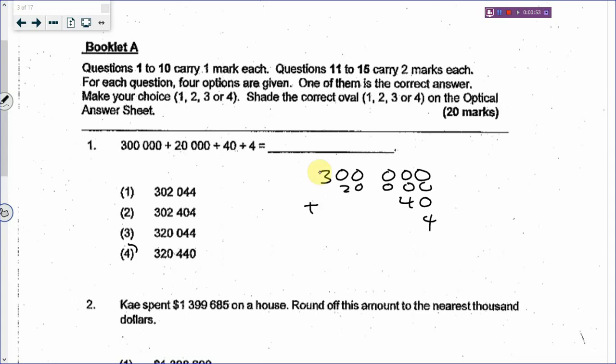Even though it's a bit long-winded, you avoid careless mistakes. So your answer will be 320,044, which is number 3.